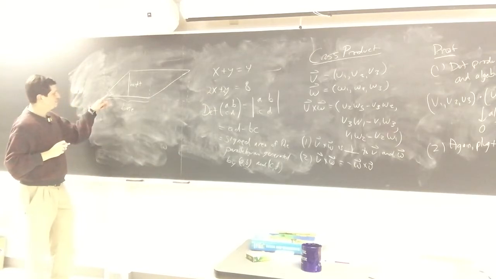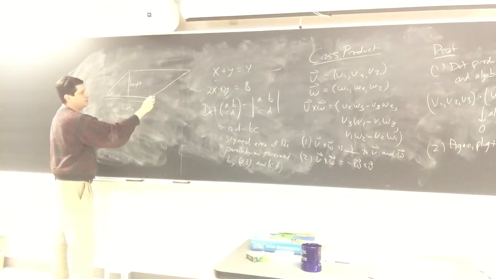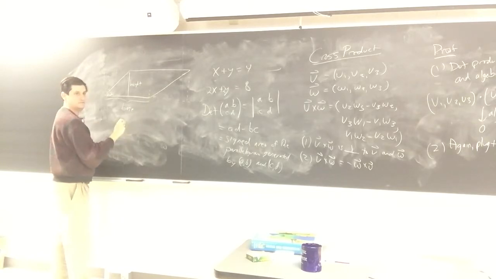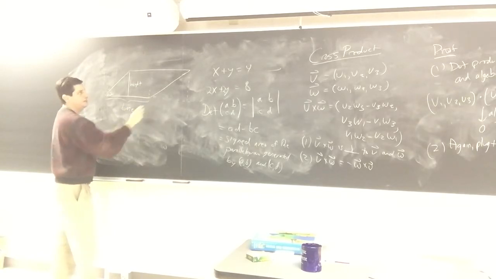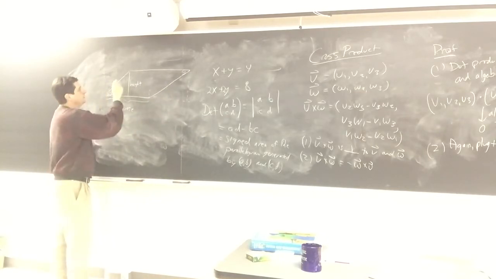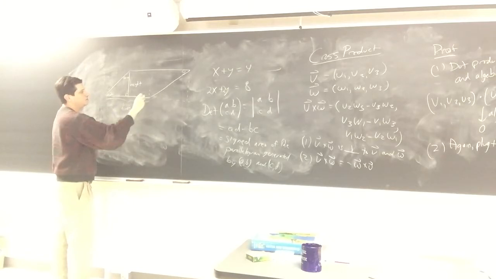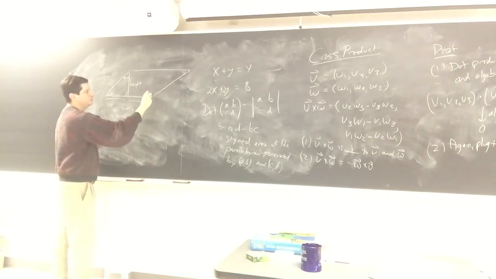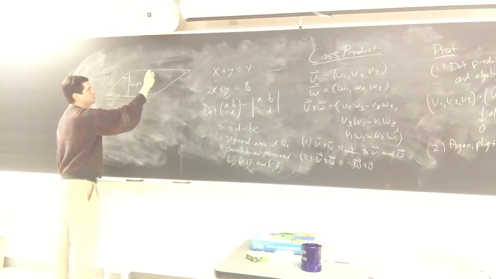The reason is, if this is theta, this angle here is theta. This angle here is theta. Or if you want, this is theta, this is 90 minus theta here, this is a right angle, this is 90 minus theta.